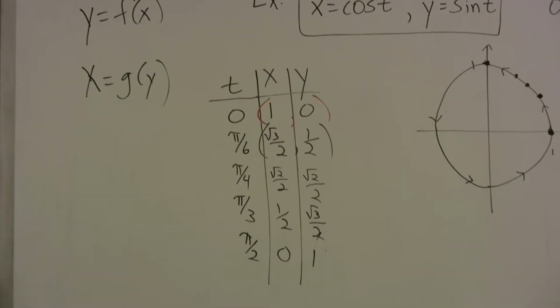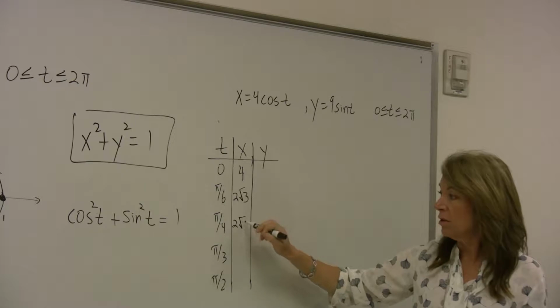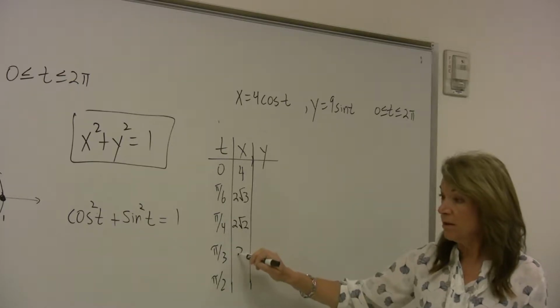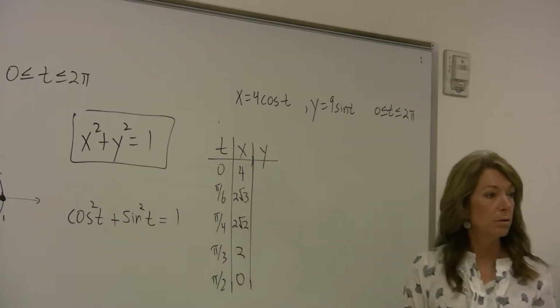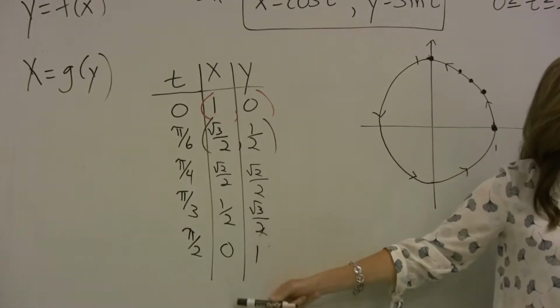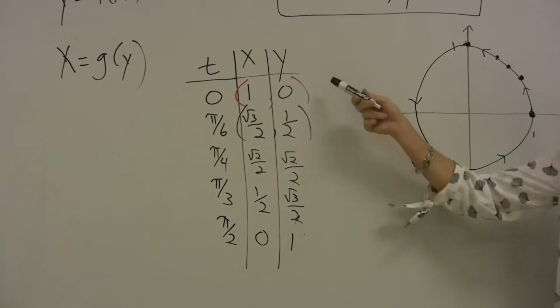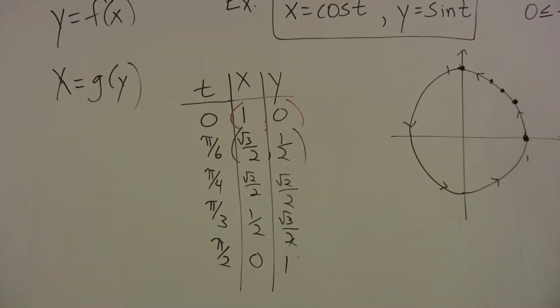So this will be 4. That'll be 2 square root of 3. That'll be 2 square root of 2. That'll be a 2 and a 0. I'm taking all of these numbers here and multiplying them by 4. And then I'm going to take all of those and multiply them by 9.